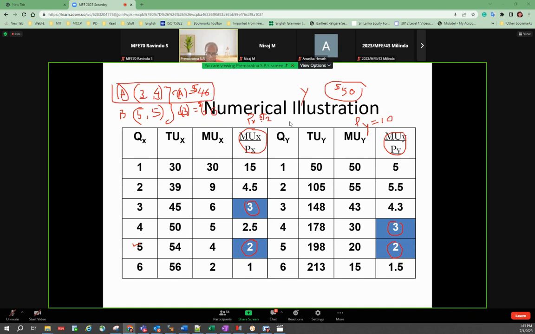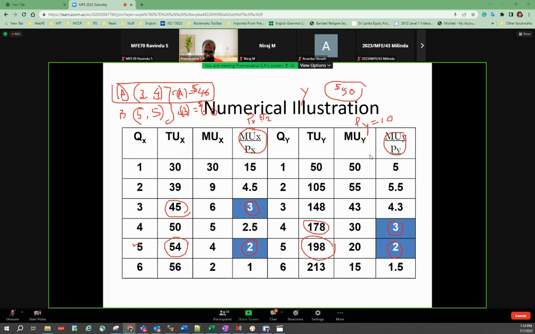But you see consumers are willing to go for basket B also, because you get more satisfaction. If you calculate the satisfaction of basket B, 54 plus 198, versus basket A, 44 plus 178.